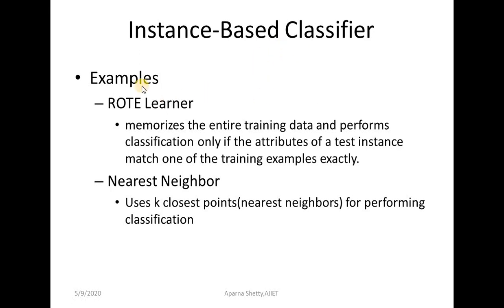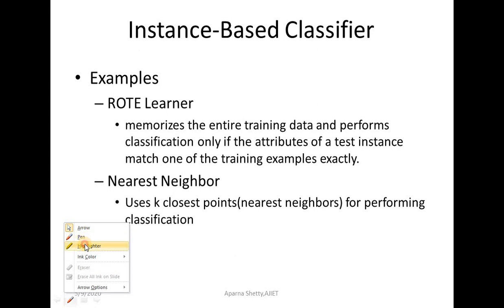Examples of instance-based classifiers: the first one is the rote learner. What is this rote learner? A rote learner memorizes the entire training data and performs classification only if the attributes of a test instance match one of the training examples exactly.